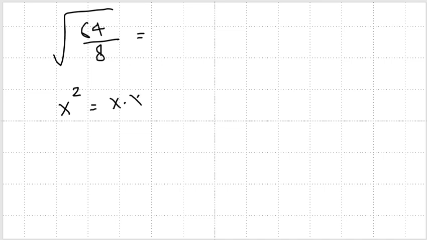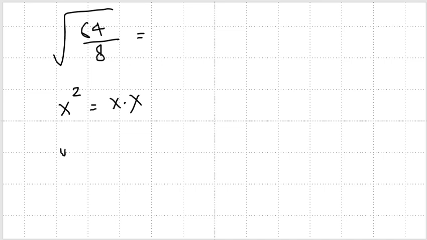Let's see one more example. What is the square root of 64 divided by 8? Well, and by the way, we haven't talked about roots, but you know that if I say x squared, it means x times x.